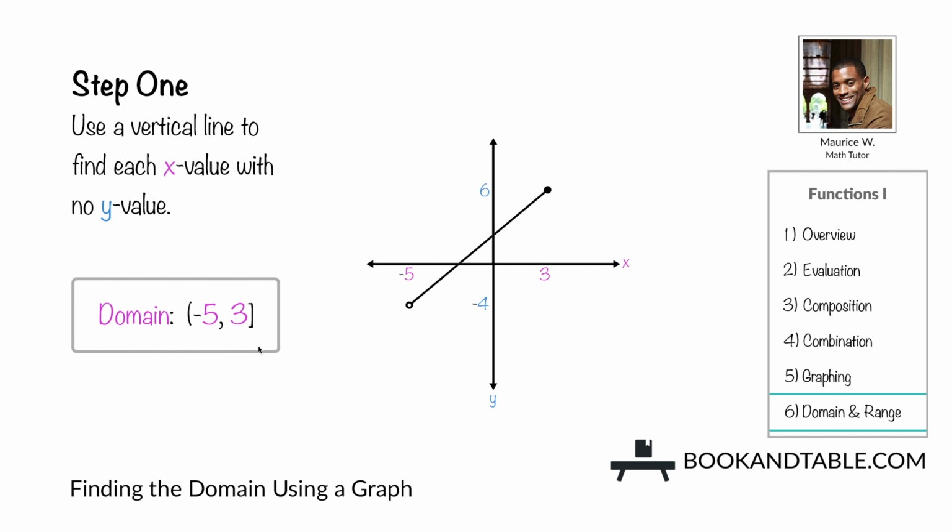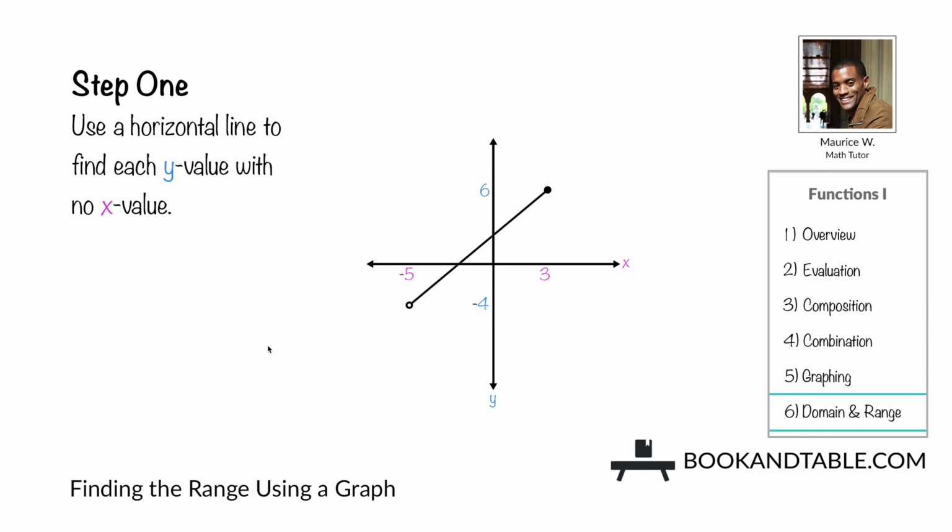And now to find the range, we'll focus on the y values of the function. So we will use a horizontal line to find each y value with no x value. We'll start towards the left and work our way to the right again. So where y is equal to -4, there is no x value. So we'll need to make a note of that. And we use the horizontal line and see that all y values are accounted for up until we reach y is equal to +6.